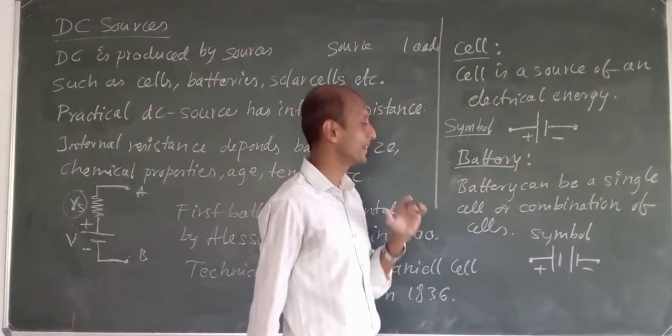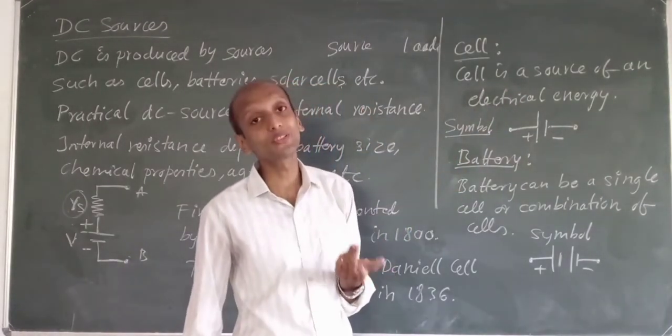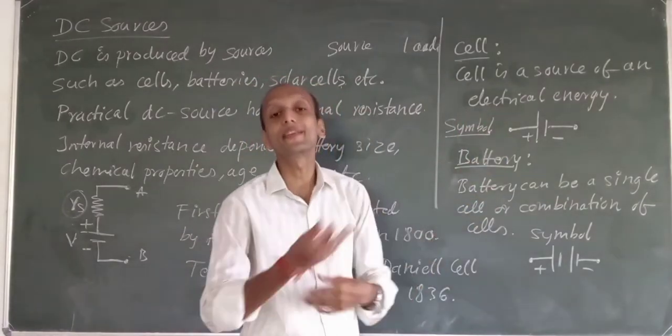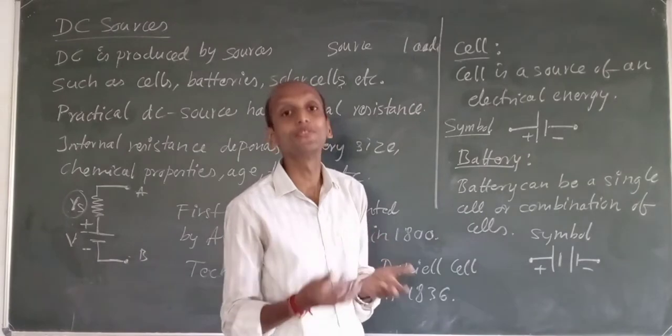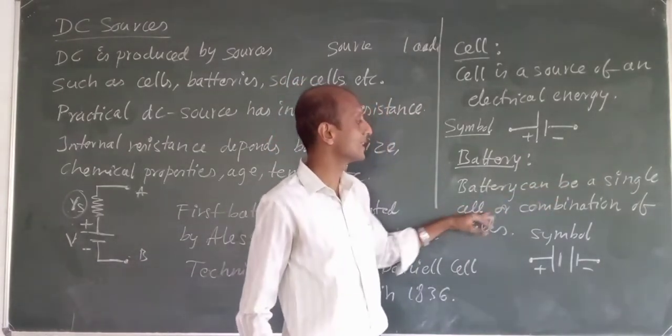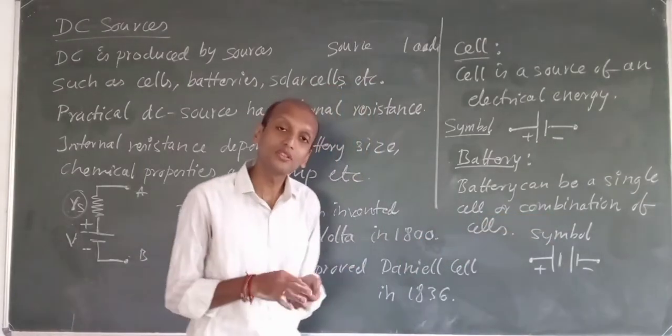Now coming to a battery. A battery is nothing but a cell only, or it can be a combination of multiple cells. A battery can be a single cell or a combination of cells.